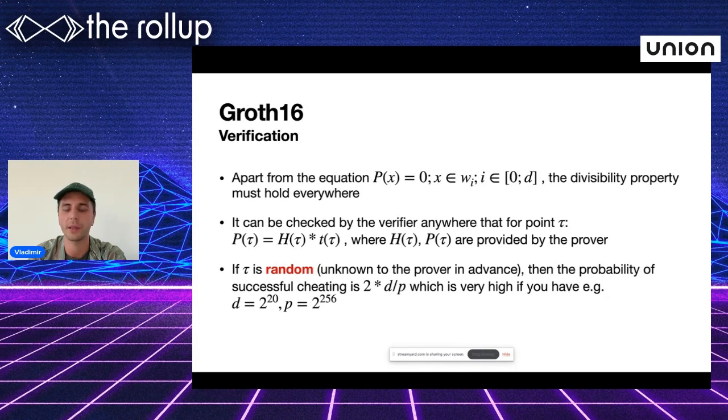And this way, the proof will convince the verifier, although the calculation was not made correctly, and it doesn't hold at each gate. So we would like to make the tau random, which means that it is unknown to the prover beforehand.